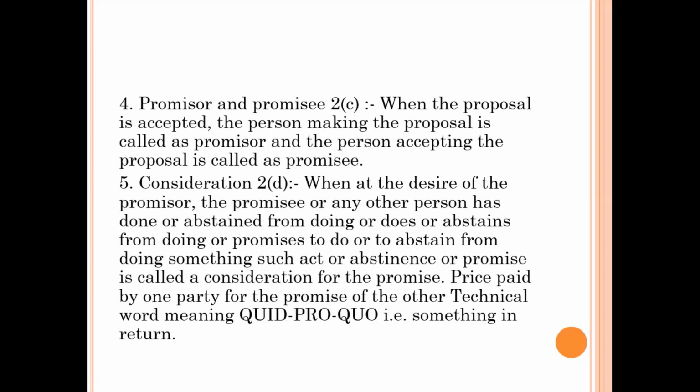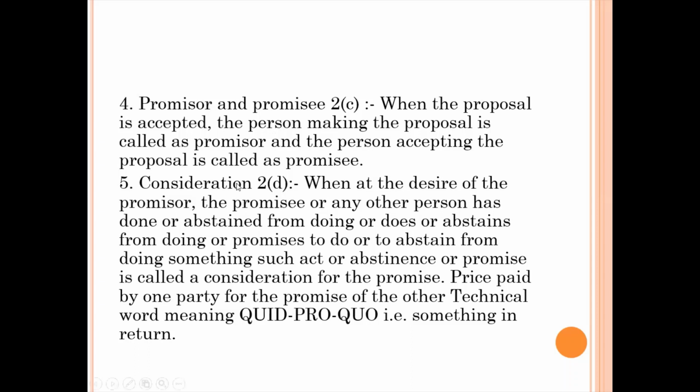Come to our next requirement. The fourth one is promisor and promisee, under section 2C. The promisor is who makes or gives the proposal to another party, and the person who accepts the proposal is called the promisee. Clear?